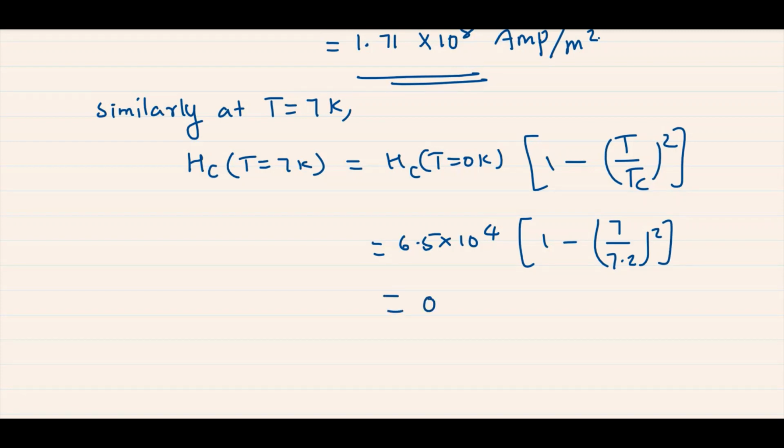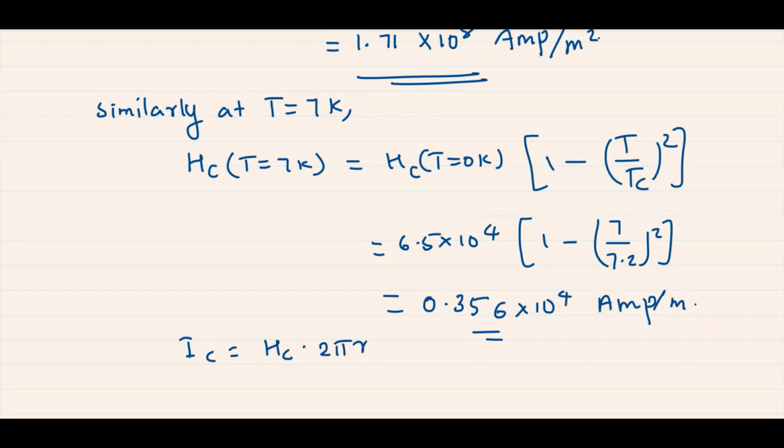Okay, this becomes 0.356 into 10 power 4 ampere per meter. Okay, so Hc we got. So the next task is finding Ic. Ic is equal to Hc into 2 pi r.